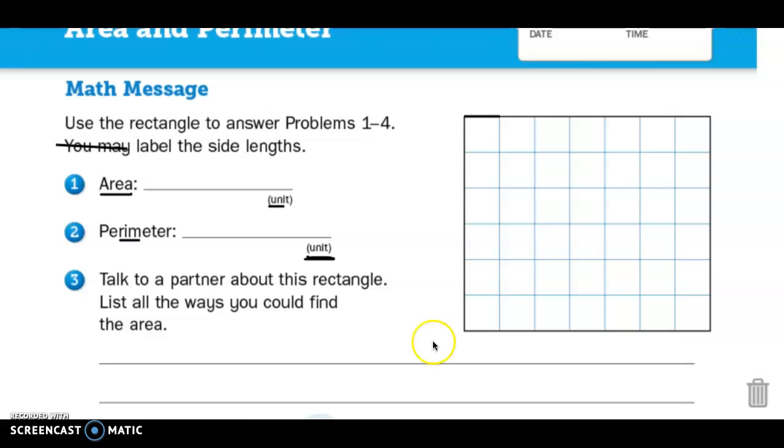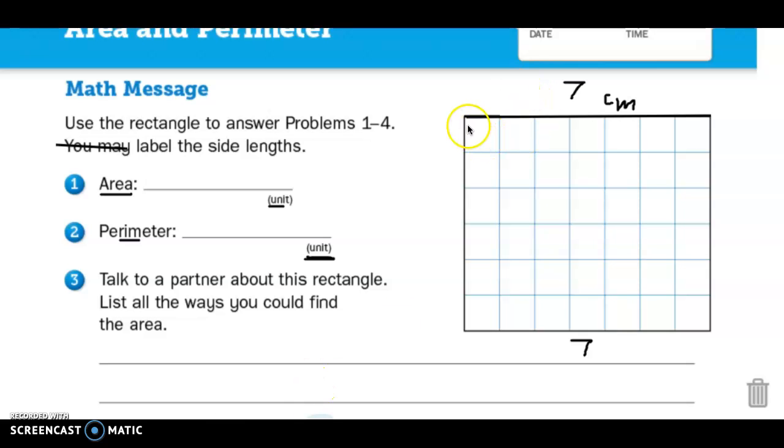Awesome. So how long is our top line? 1, 2, 3, 4, 5, 6, 7. And we label it 7 centimeters long. That also means that my bottom length has to be what?